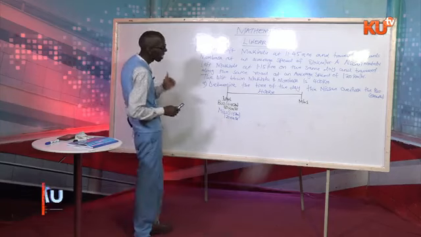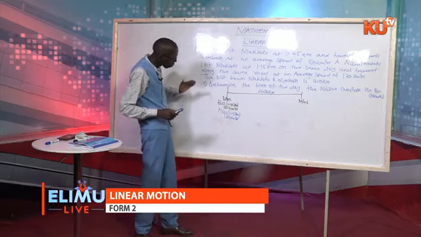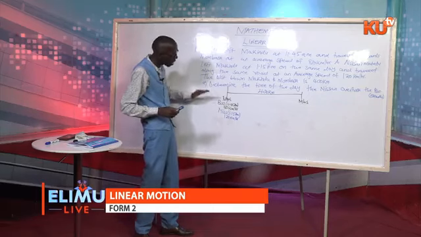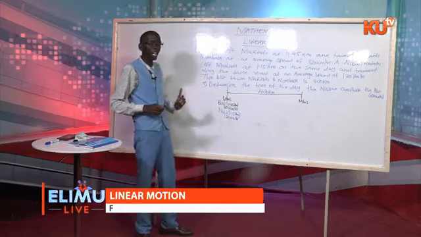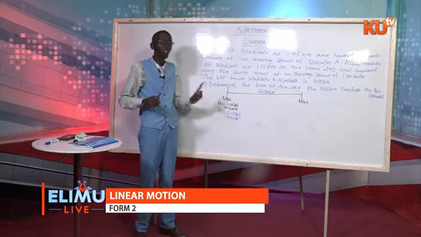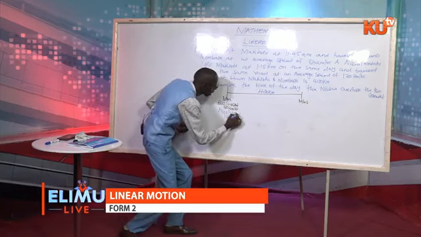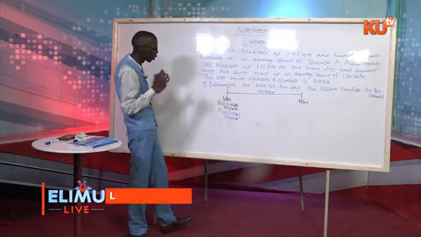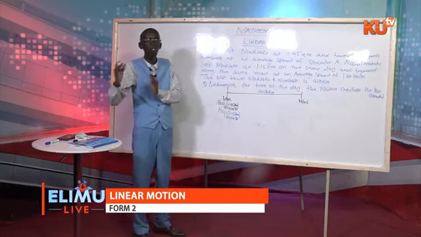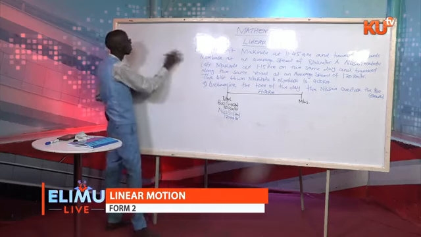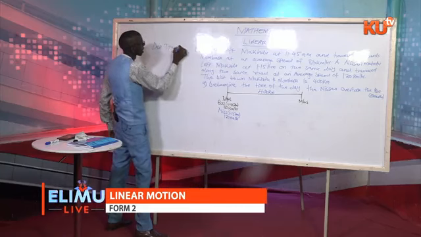So the first thing that we need to get is the bus began the journey at 11:45 a.m. The Nissan began the journey at 1:15 p.m. So the first thing to do is, what is their departure time difference?